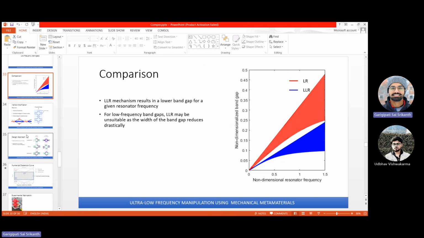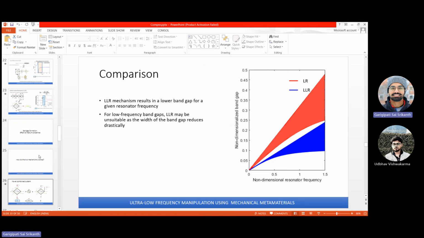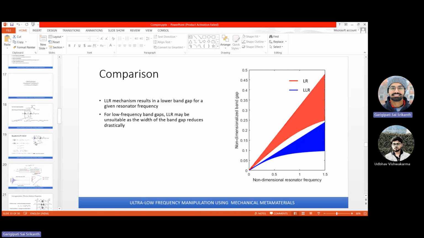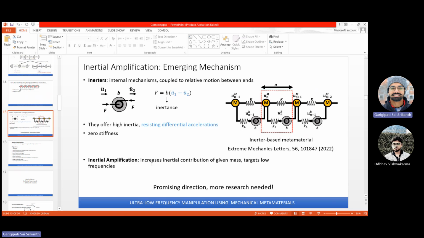So next up is inertial amplification. What is inertial amplification? Essentially, inertial amplification is based on something called inerters. So this is an inerter. What does it do? It can have differential acceleration at its ends.